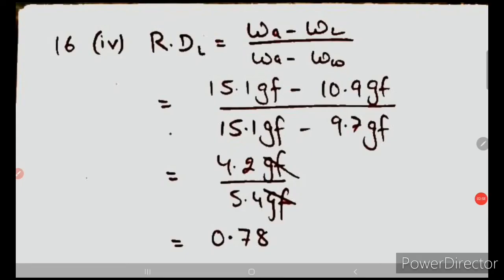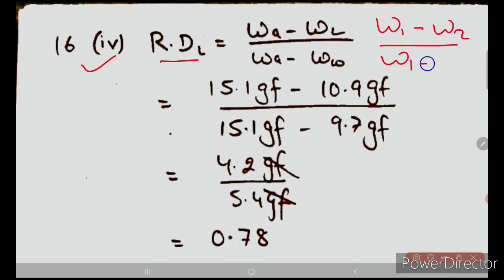So coming to the last part, which is number 16.4, the relative density of the liquid is equal to, if you remember this formula, W1 minus W2 upon W1 minus W3. The same formula I am using here.